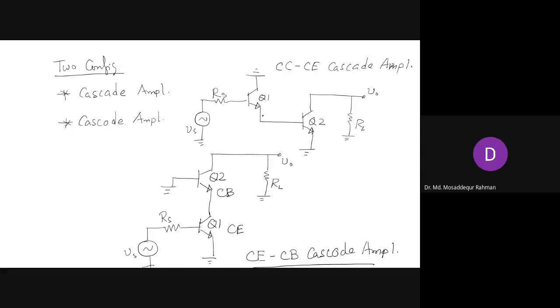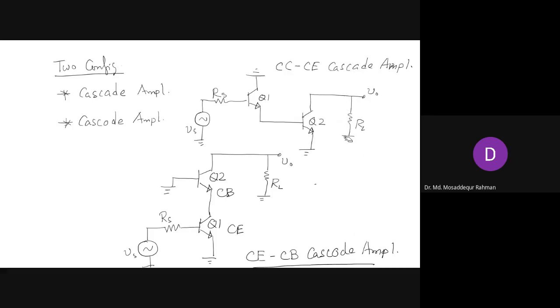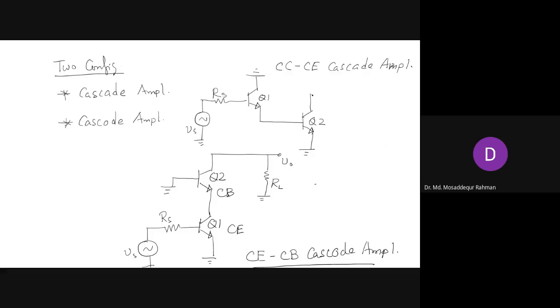So this is common emitter, common collector, common emitter. If you want to add another common collector, you can easily do that. So what do we do? We add another common collector.